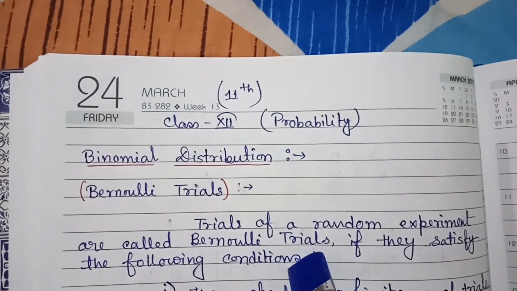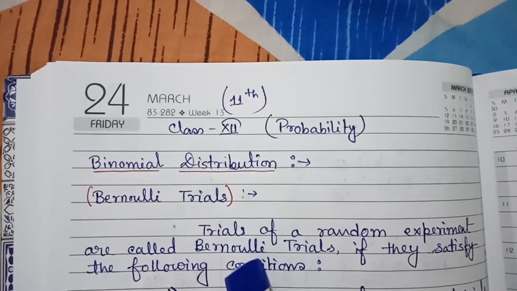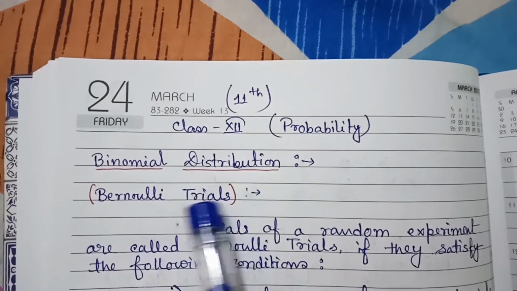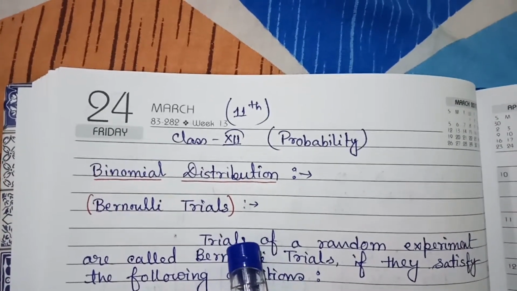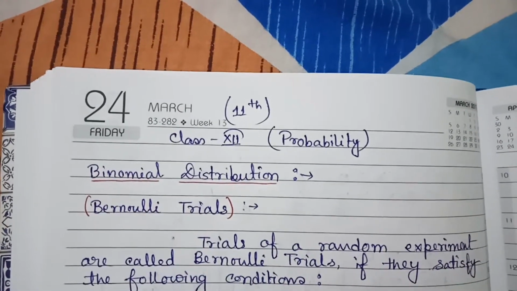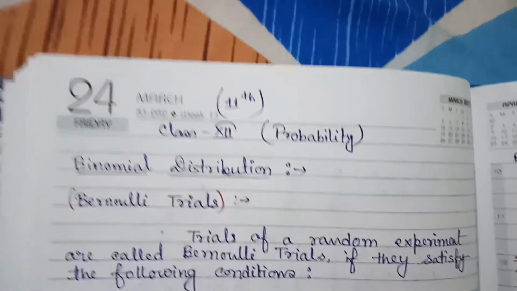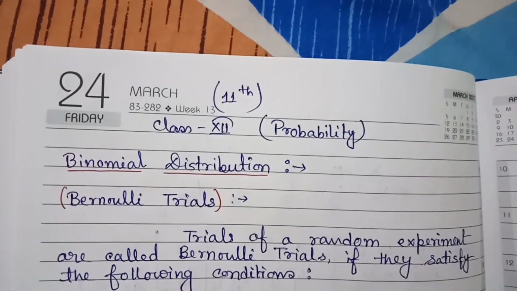There are 4 conditions, and the trials must satisfy all 4 conditions, only then will they be called Bernoulli trials. Trials means tossing a coin is a trial, throwing a die is a trial, drawing something from a box is a trial.